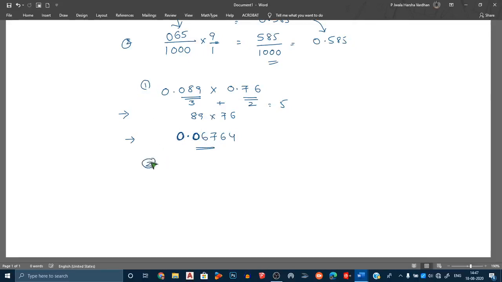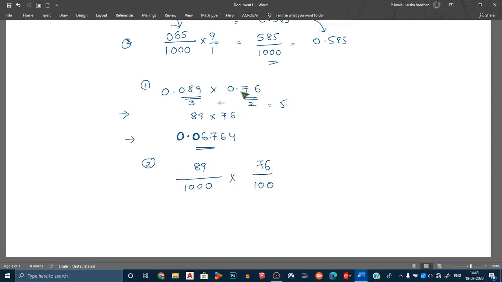The same problem we can do by using the conversion of the decimal fraction. So you can write 0.089 in the form of 89 by 1000, into 76 by 100. After the decimal point, 3 digits are there, so you write 1 followed by 3 zeros.